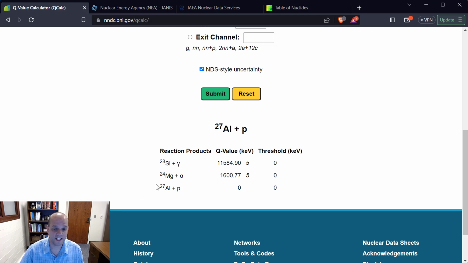And so if I go down this exit path, I would have 1.6 left over, because I was supplying 11.58 and I needed 10 to go down this exit channel. With 9.98, it was about 10. So there's your 1.6 MeV.